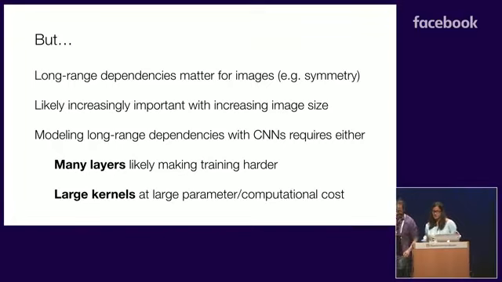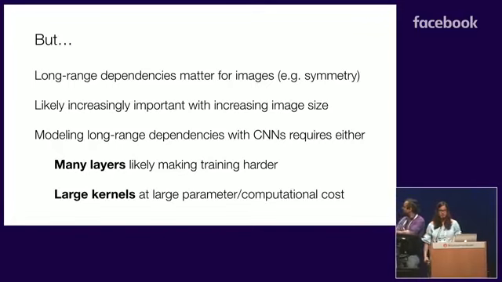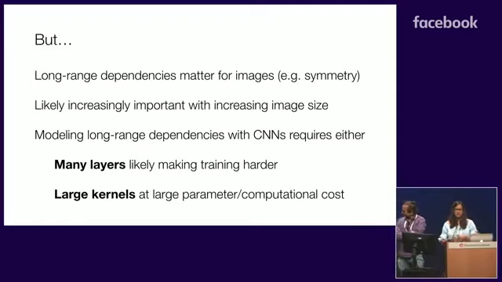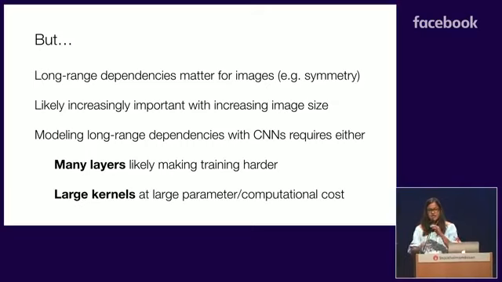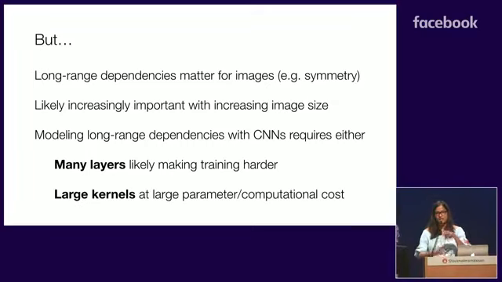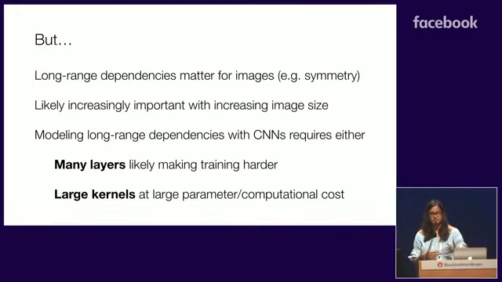But as we know, with higher resolution, long-range dependencies are really important, especially if you consider a face. You want to correlate one eye with the other eye, and with convolutions, the disadvantage is that you need a lot of layers to get that dependency, or you need to use really large kernels, which introduces a parameter cost.